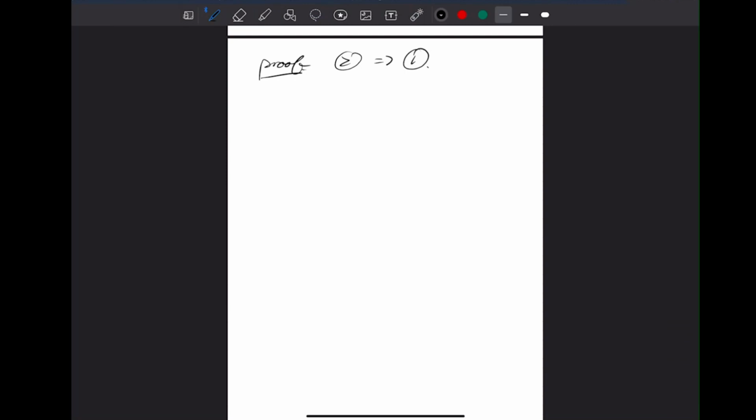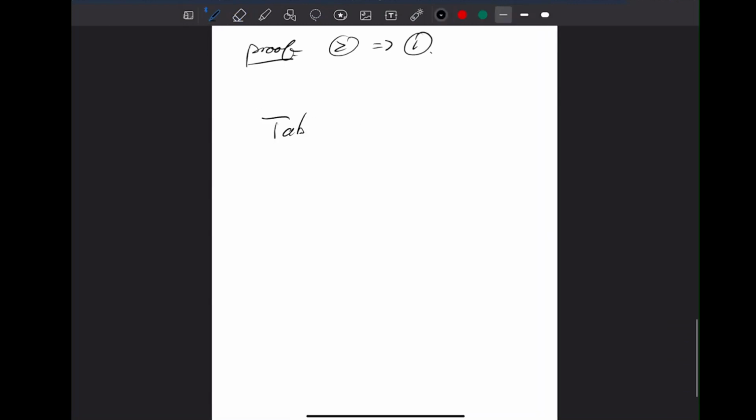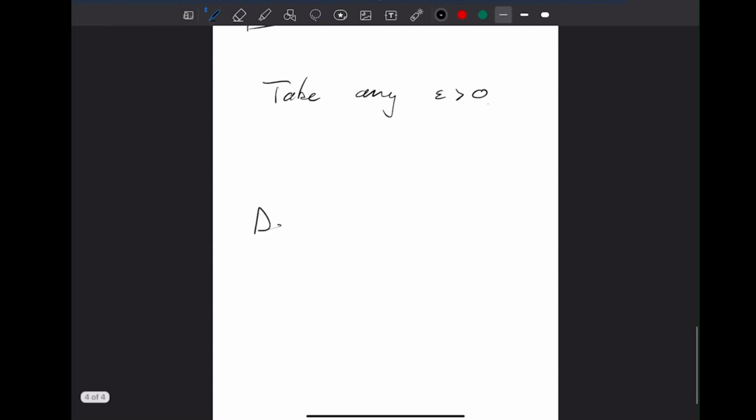So we want to prove that the limit of f of x is equal to 0 as x tends to infinity. So using the definition, for every epsilon, so let or take any epsilon greater than 0, then we have to define an m.